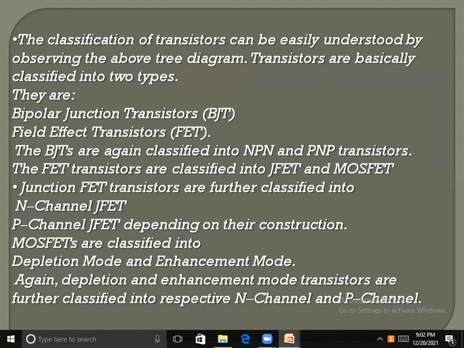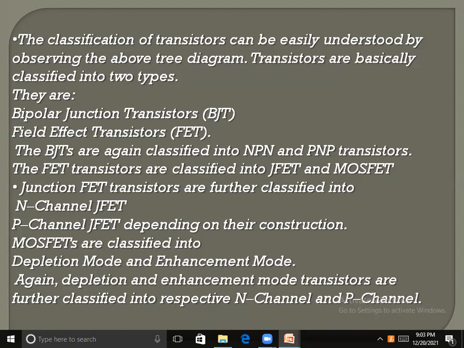Transistors are basically classified into two types. They are bipolar junction transistors, that is BJT, and field effect transistors, that is FET. BJTs are again classified into NPN and PNP transistors. The FET transistors are classified into JFET and MOSFET.